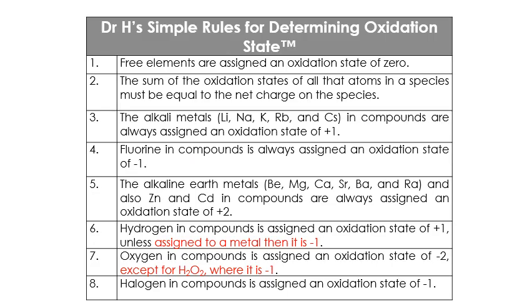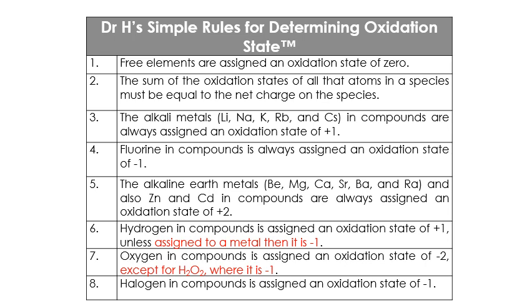So the way I break it down is using my own simple rules for determining oxidation states. Basically 8 rules. First rule is free elements are assigned an oxidation state of 0. So that's why helium has an oxidation state of 0. That's why sodium has an oxidation state of 0.